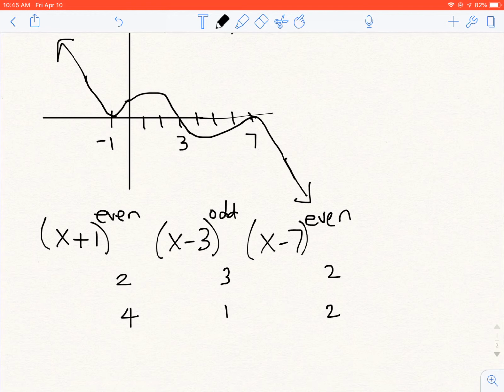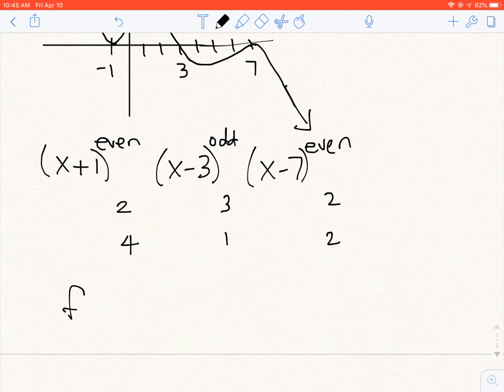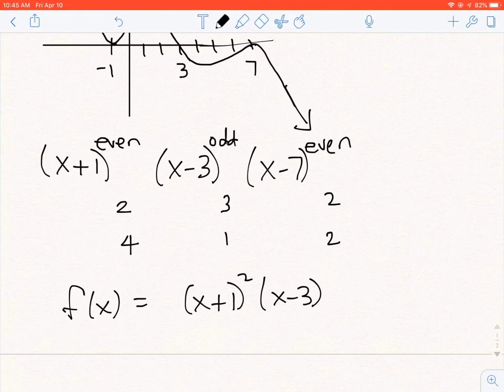Okay? So I'm going to have f of x is equal to, I'm just going to go with the first one, x plus 1 to the second power, x minus 3 to the third power, and x minus 7 to the second power. And now, so that's 2, 5, 6, 7, so my degrees do add up to 7.